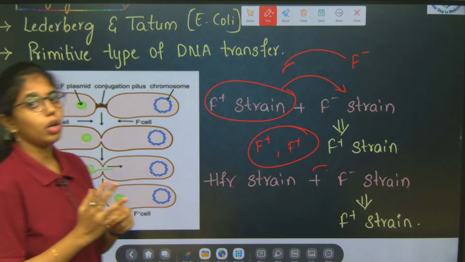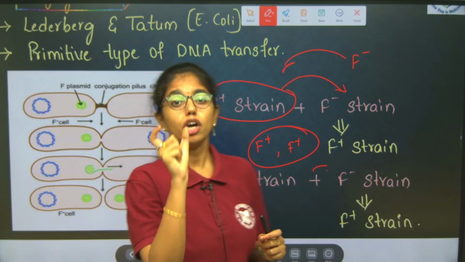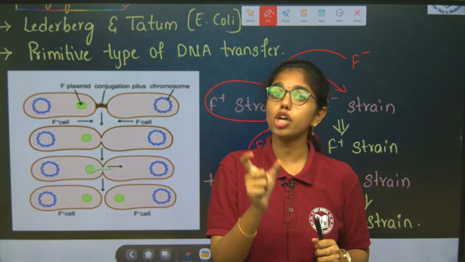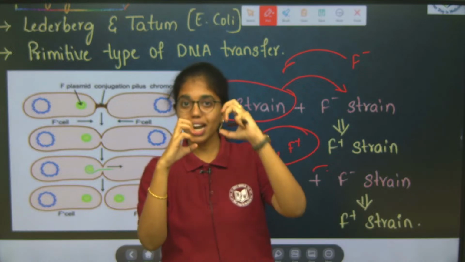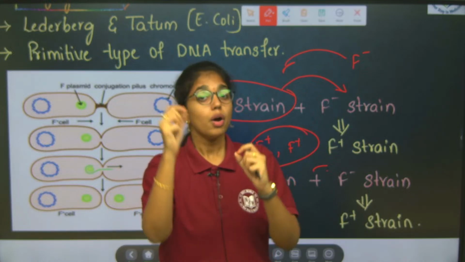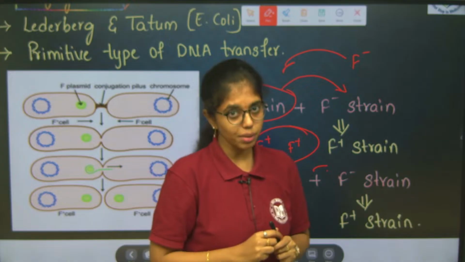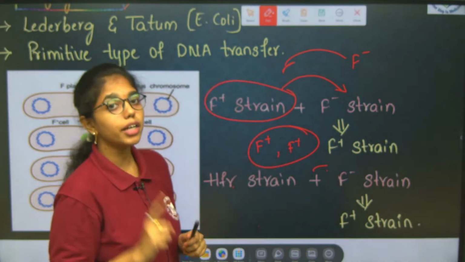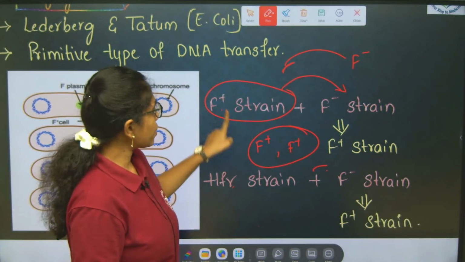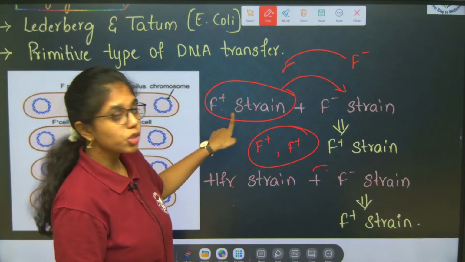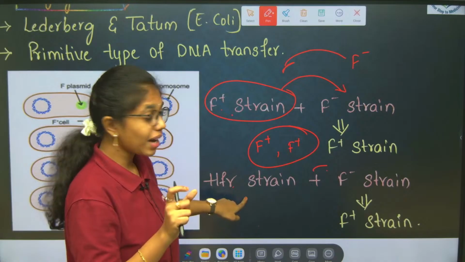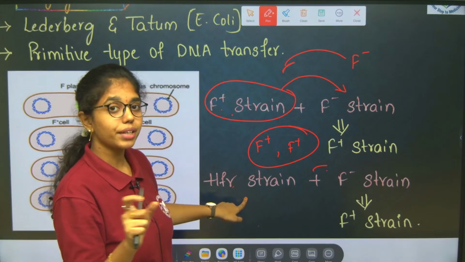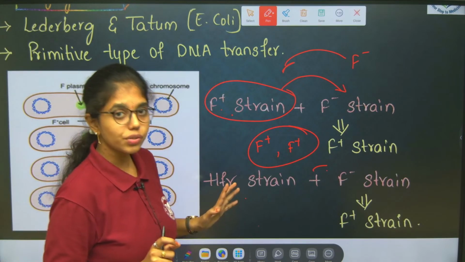Conjugation is possible only because of the sex pili, also called the conjugation tube, between the F plus strain and F minus strain, or the Hfr strain and F minus strain. What products we get is important, and you have to clearly know the difference between F plus and Hfr. F plus means the F factor is present inside the plasmid DNA. Hfr means the F factor is present inside the genomic DNA. Till here it is fine, right?